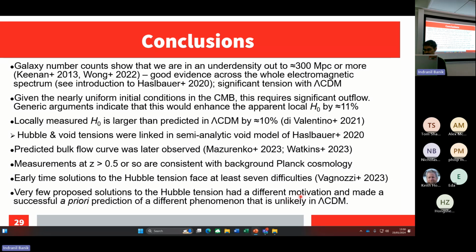Also, they made a successful a priori prediction of some phenomenon which is unlikely in ΛCDM, but according to the model, for the solution to the Hubble tension, it should happen. And then a few years later, the somewhat unusual prediction is actually confirmed. So this kind of scenario is actually quite rare in this field. So that's what I wanted to say. Thank you for listening. I think that's time for questions.